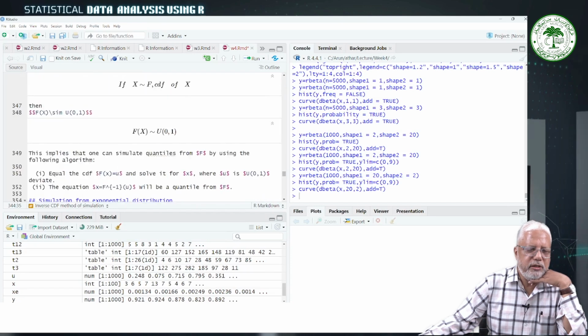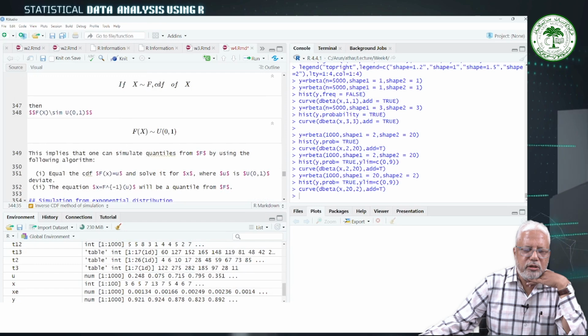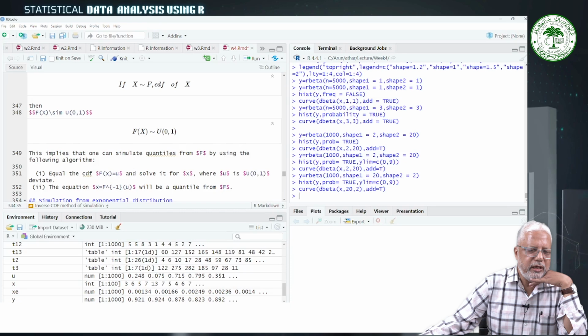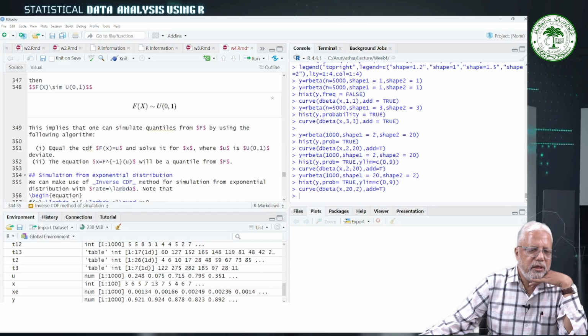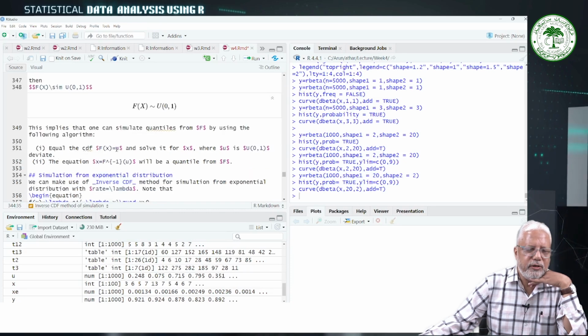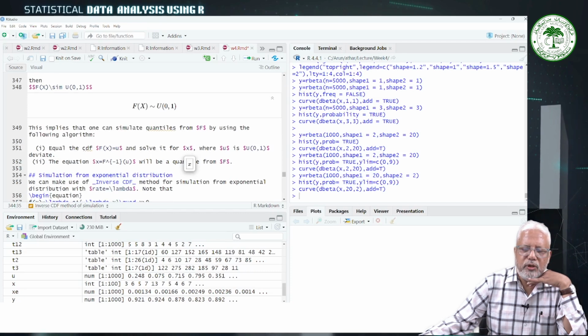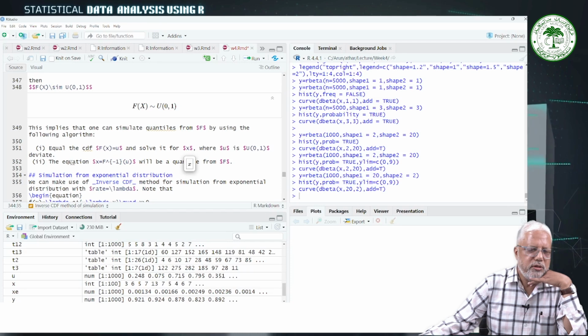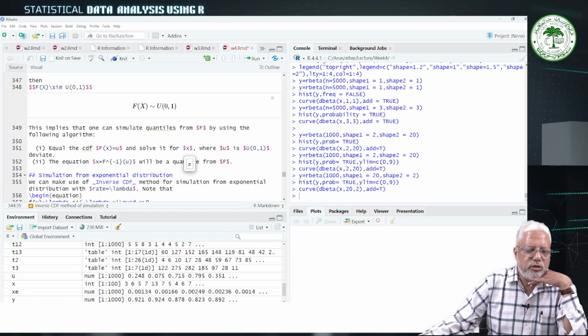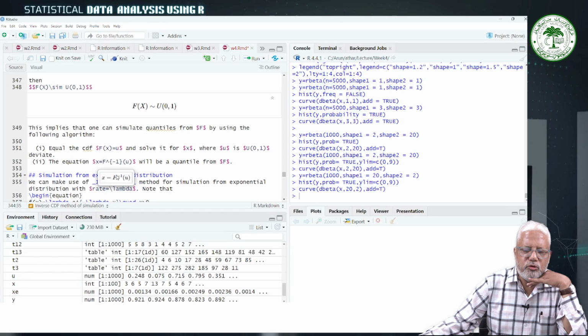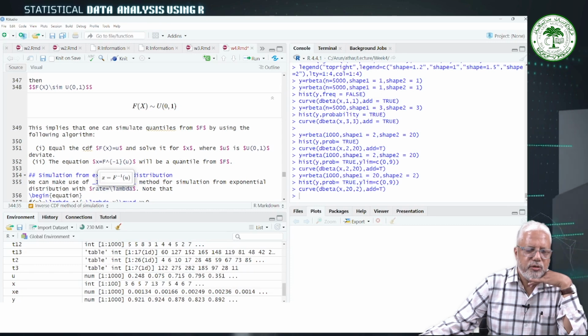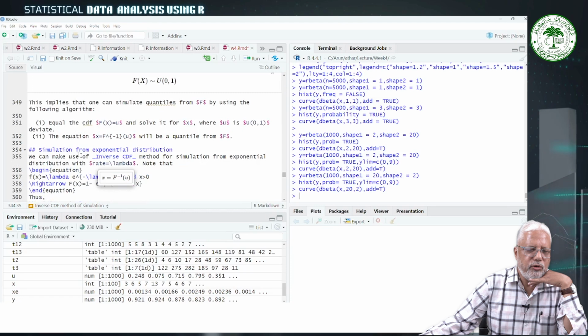This implies that one can simulate quantiles from F by using the following algorithm. Number one, equate the CDF F(x) equal to u and solve it for x, where u is uniform 0, 1. Number two, the equation x equal to F inverse of u will be a quantile from F. So these two things we have to follow.